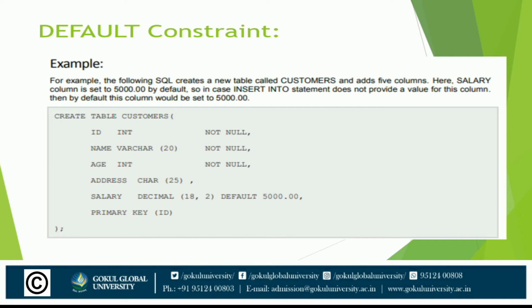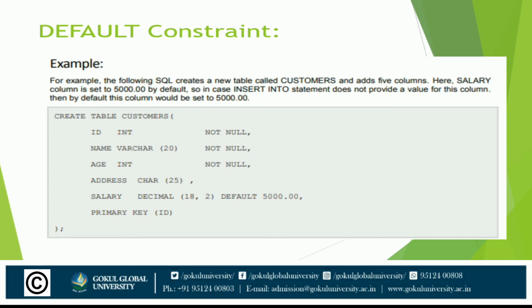Default constraint. The default constraint provides a default value to a column when the INSERT INTO statement does not provide a specific value. For example, the following SQL creates a new table called customers and adds 5 columns.